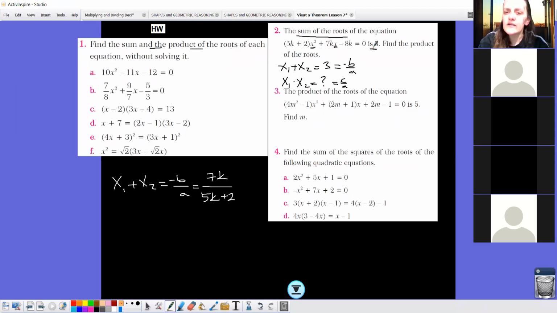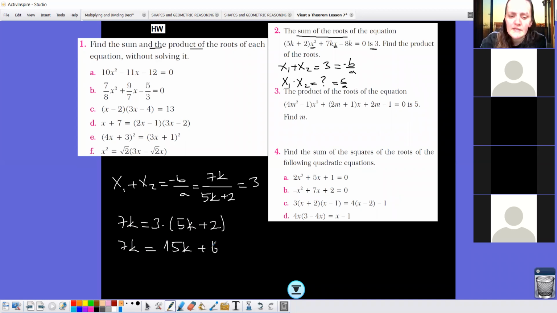And what is given to us? That it is 3. Then I'm writing, if I do cross product, what will I get? 7k is equal to 3 times 5k plus 2. Then from here, 7k is equal to 15k plus 6.